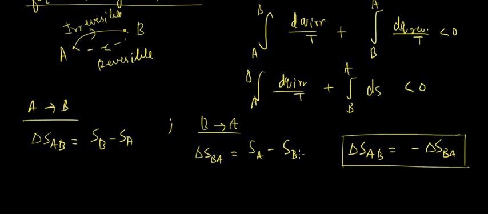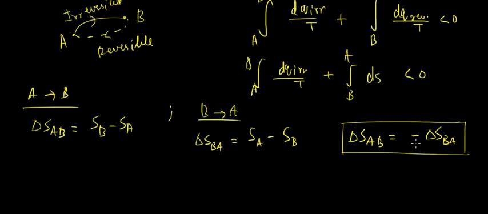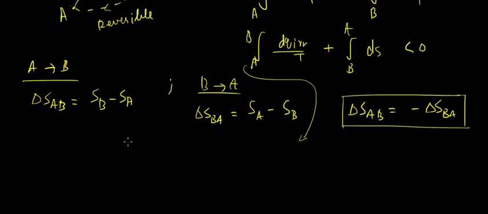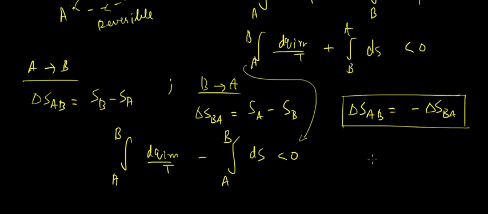Okay, so we can see that delta S AB is the negative of delta S BA. So from this we can write the limit from A to B dq irreversible by temperature, and if I change the limits, I have to push the minus sign ahead, then again the limits would be from A to B, dS would be less than 0.